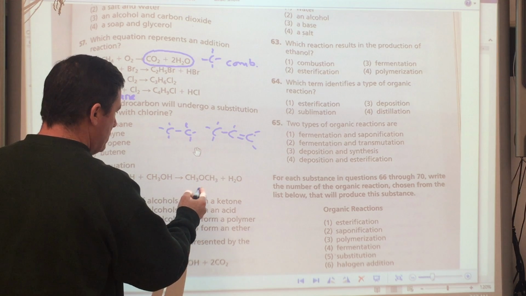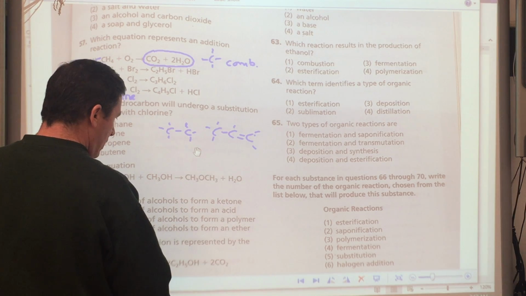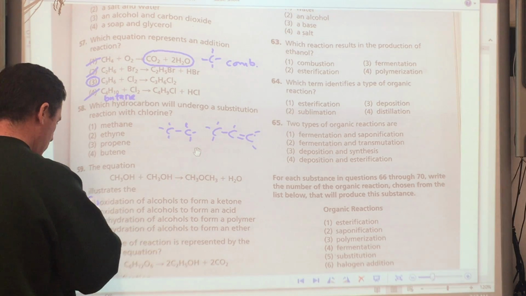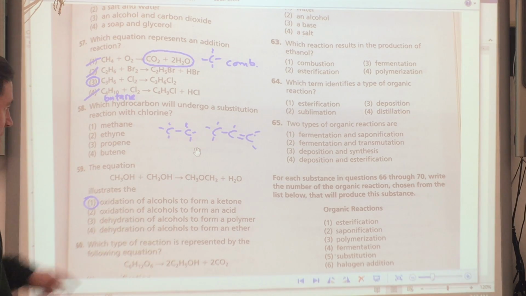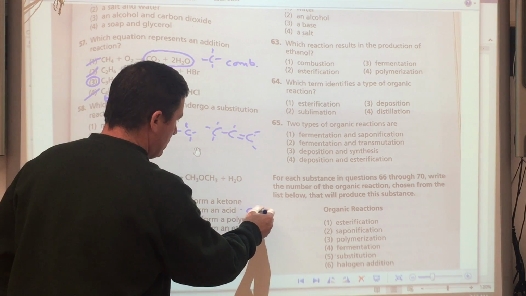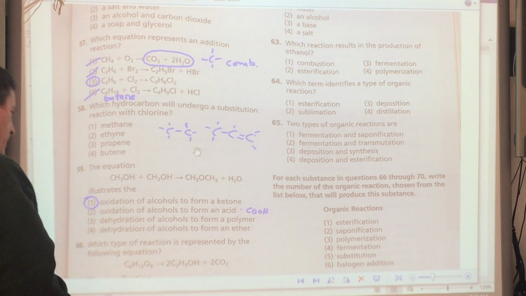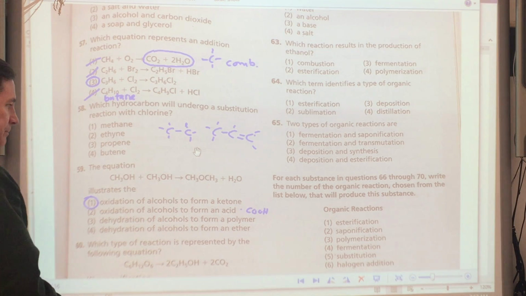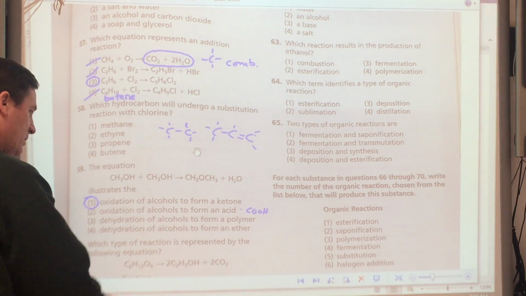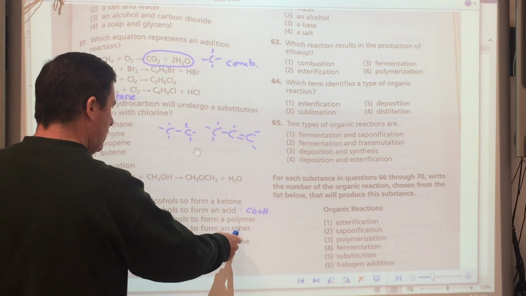If you don't recognize that, you can look up an example of a ketone, but that's your answer right there. Okay, this is not an acid. It would be COOH for an acid. It's not a polymer because it's not very long. It's only 2 carbons.